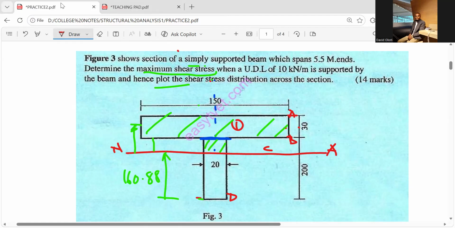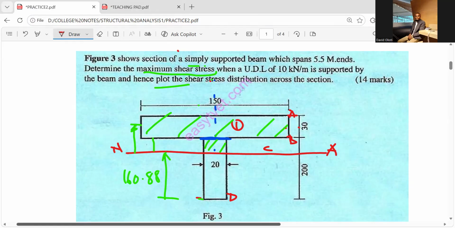So I'm going to compute first shear stress due to flange and then shear stress due to web. So it will have two values on the same line. This is how we are going to proceed.